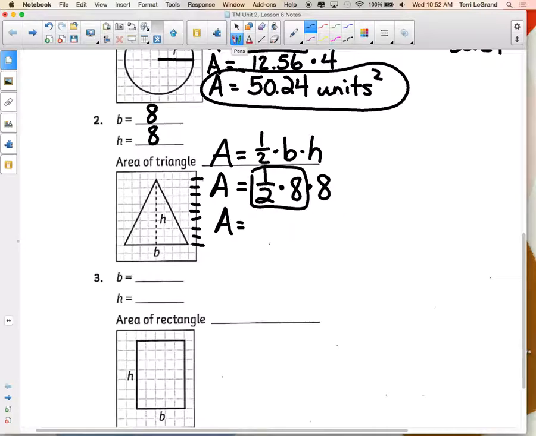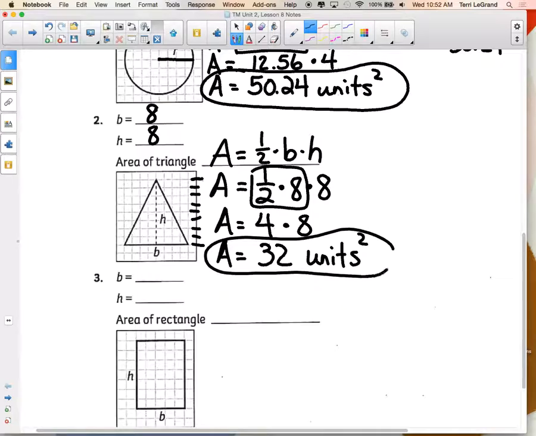What's half of 8? 4. And 4 times 8 is? 32. The area of this triangle is 32 what? Units squared. So we will circle that as our final answer.